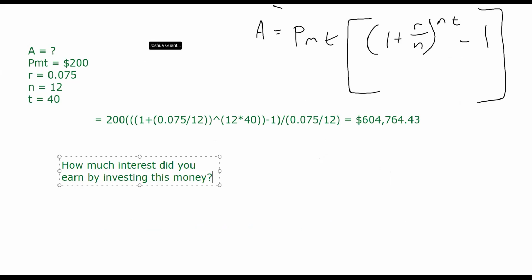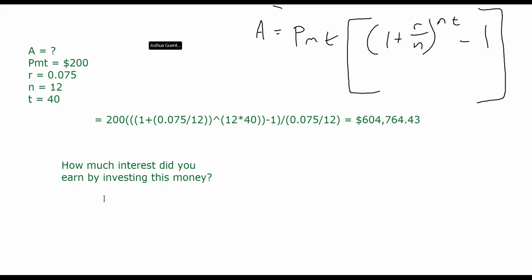You said, all right, each of those $200, I'm going to put it out in a market, and the market is going to go and try to grow, as all markets try to do, and I hope my money grows with it. So how much interest did you earn by investing this money? In other words, how much more money did you make by investing it instead of just literally saving $200 a month and putting it in your piggy bank, so to speak?